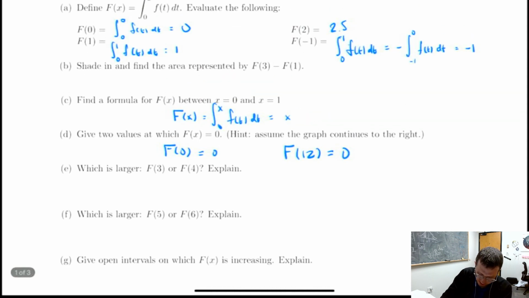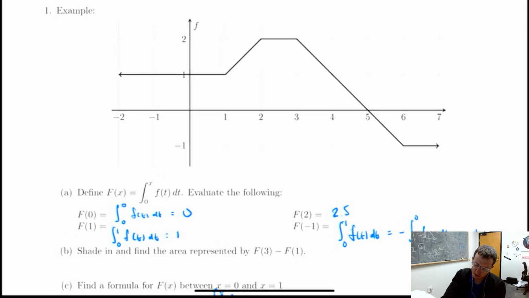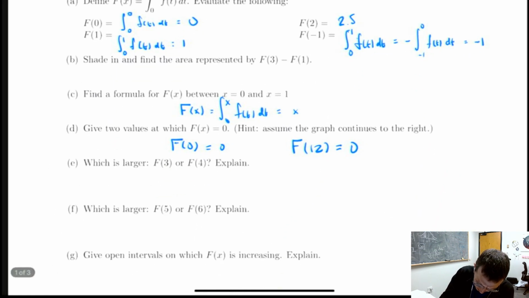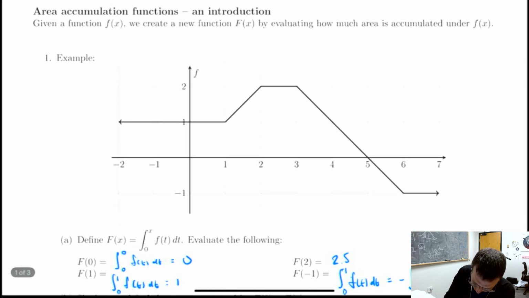Which is larger, capital F of 3 or capital F of 4? It's capital F of 4. It's a little tricky. You're tempted to say 3 because this value is higher than that one, but if you actually calculate capital F of 3 and capital F of 4, you'll probably compute both of these correctly.